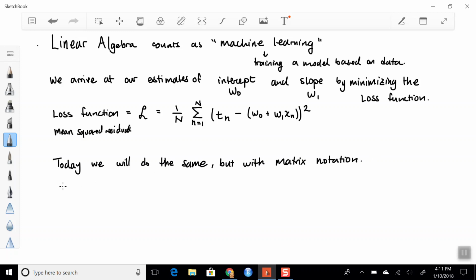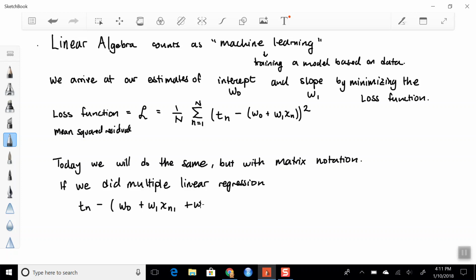And the idea being, if we did multiple linear regression, we may have something like t sub n minus the quantity w0 plus w1 xn1 plus w2 xn2 plus w3 xn3 plus w4 xn4, and it's not unreasonable to have 15 terms as different predictor variables, okay? And we would not want to have to write out all of these terms.